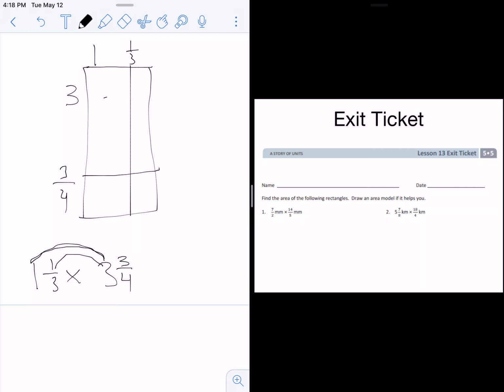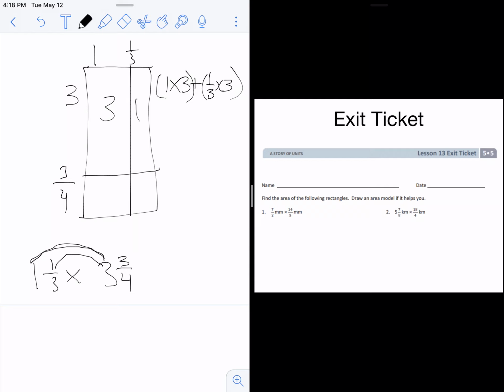So 3 times 1, which is 3. 3 times 1/3, which is 3/3, which gives you 1. So 1 times 3 plus 1/3 times 3. This is that distributive property.